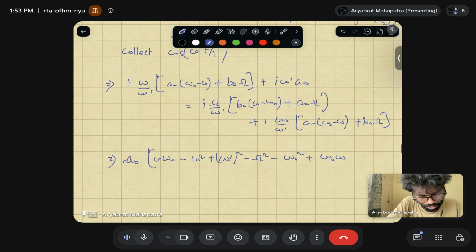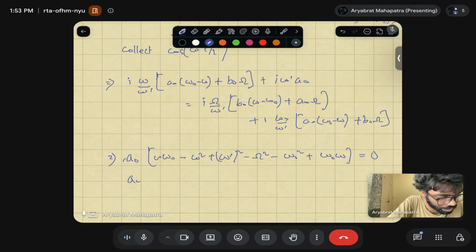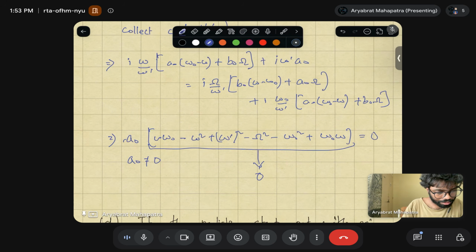And now if you see what would be this expression. Okay, so now if you see this, a naught is not equal to 0, remember, and so that means if anything has to be 0, then this has to be 0.